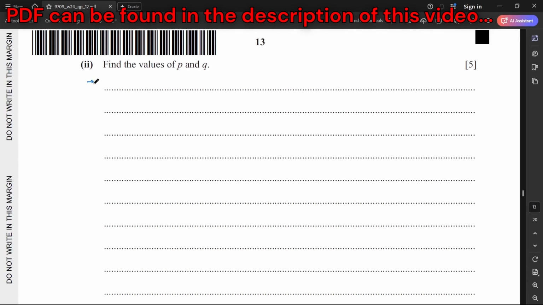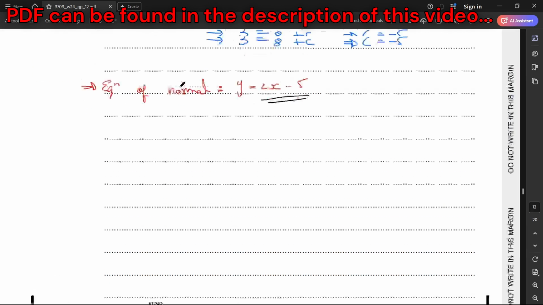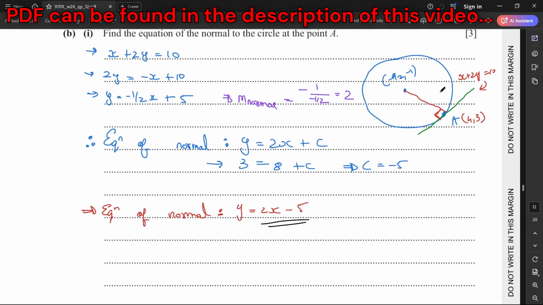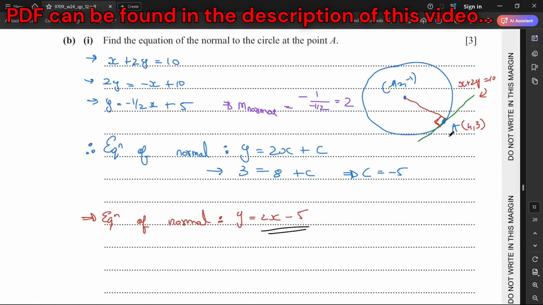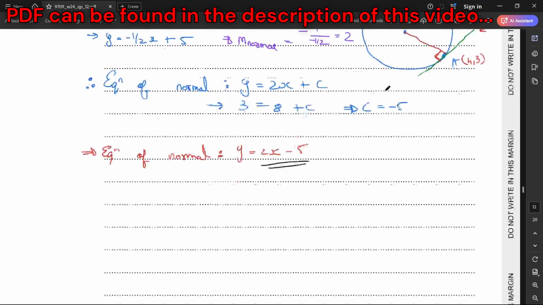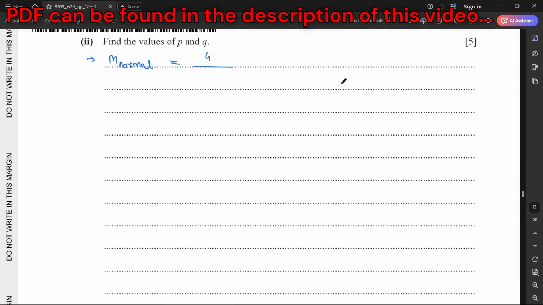I'm going to state that the gradient of the normal is equal to the change in y, which is 3 minus -1, which is 4, divided by the change in x. 4 minus -p/2 is 4 + p/2. And I also know that this is equal to 2.